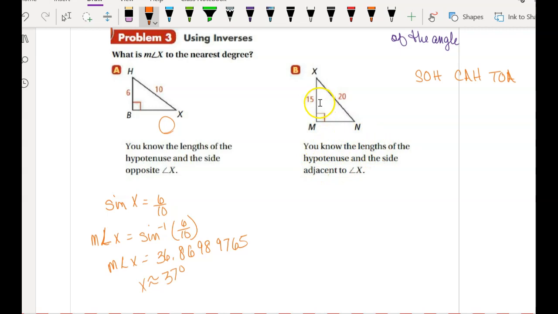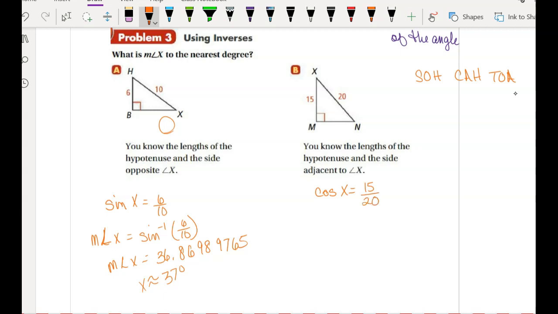Okay, so this time, remember we're looking at angle x, and from x's perspective, we have adjacent and we have hypotenuse. So which one of these is it? Okay, so it's going to be the cosine. So the cosine of angle x is equal to adjacent over hypotenuse.